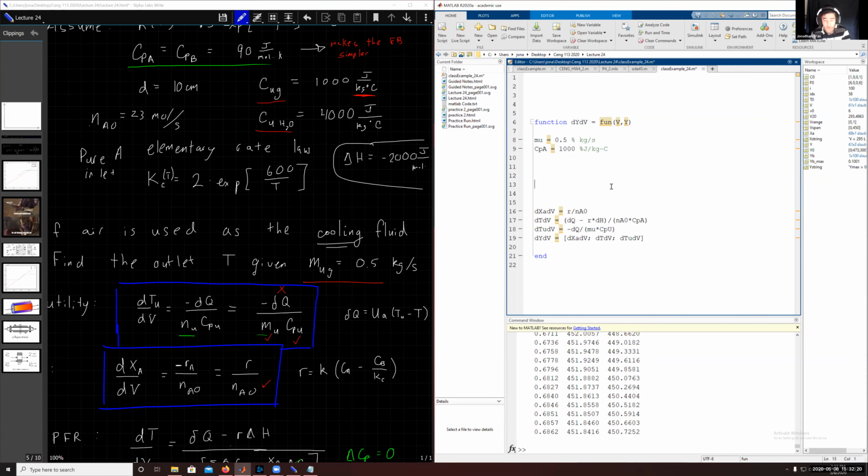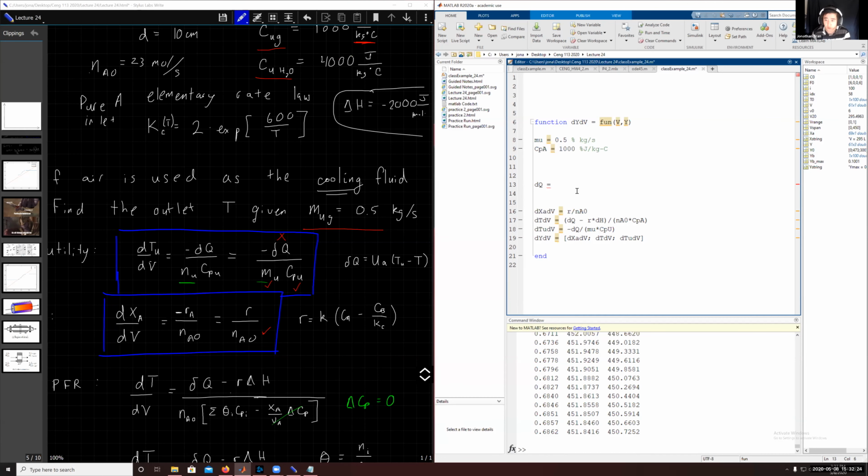And then we need to define the expression for dq. So dq is equal to U times A times Tu minus T, which itself requires us to define U and define A. Each of these are going to be constant, so I'll put them up here. U and A.